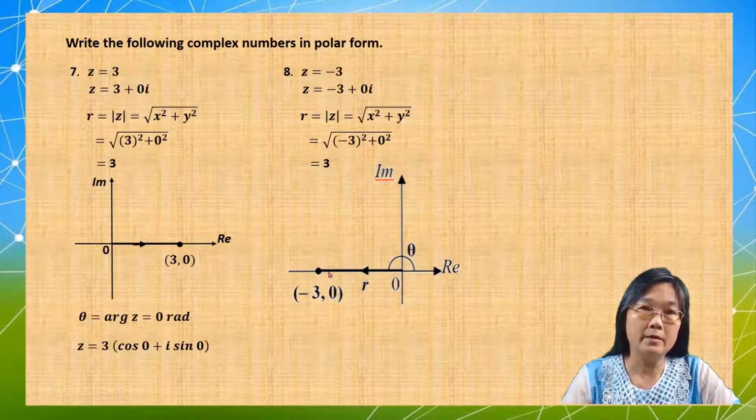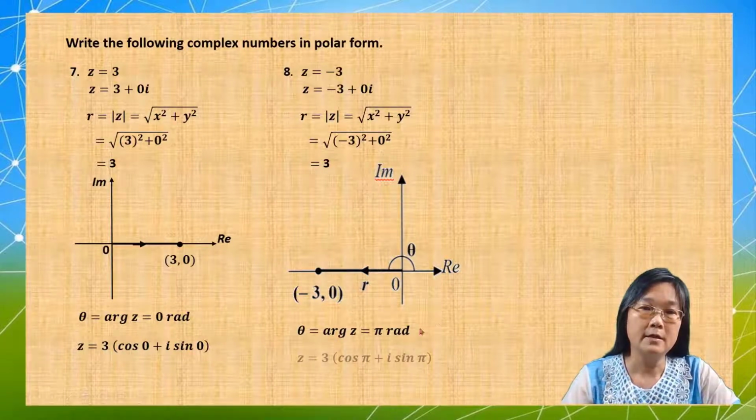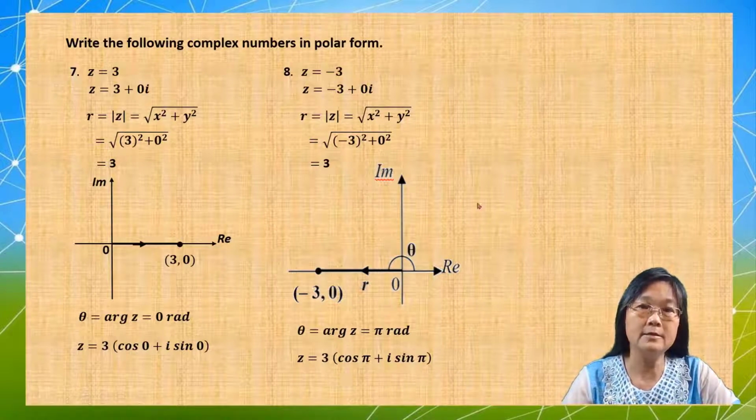So when the complex number is at the negative real axis, the argument is pi. So therefore, the argument for this complex number is pi radians. And so the polar form for this complex number is this one.